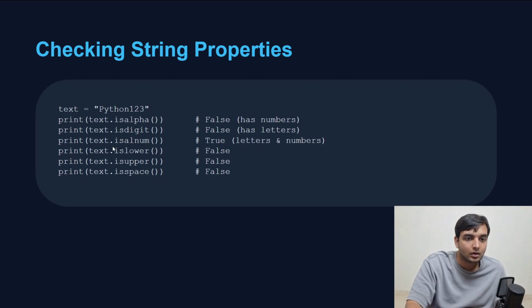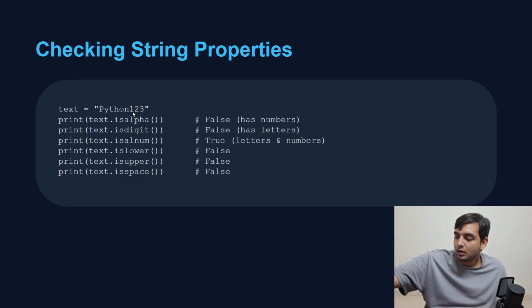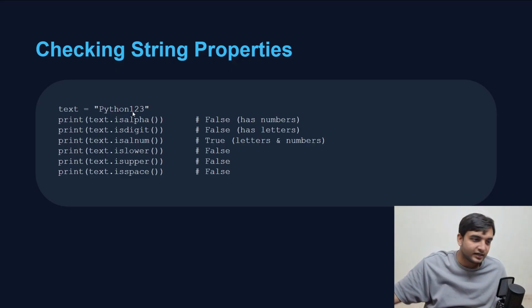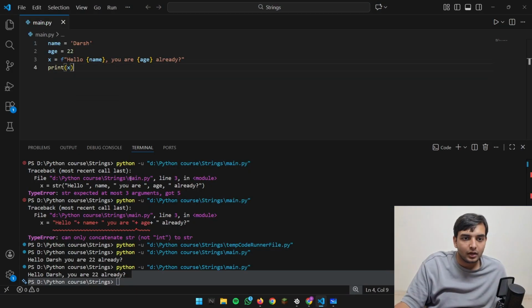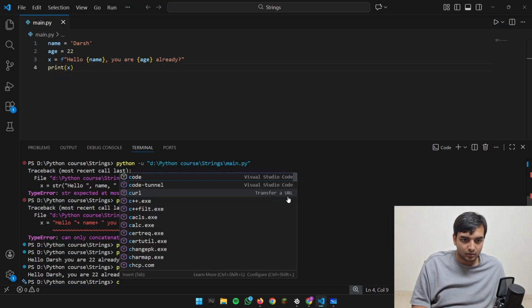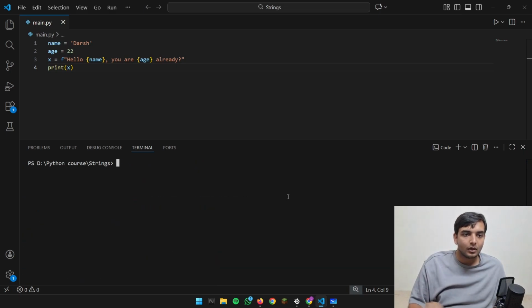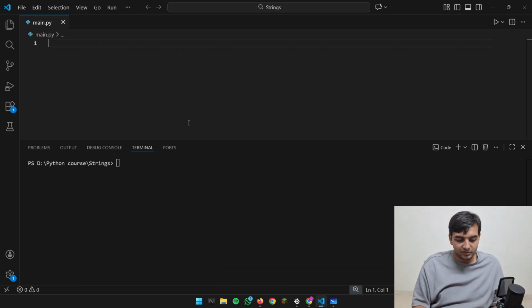Yes, it is. Is it lower? It's not totally lowercase; P is capitalized, so it's not lower. Is upper? False. Is space? Do you have space between characters? No. And this is how we check the validity of a string. Again, let's take the example of first name and last name.